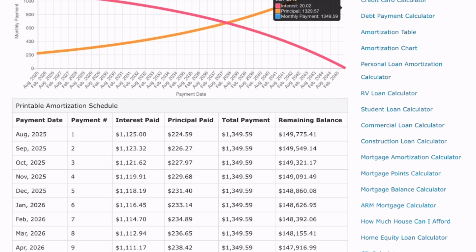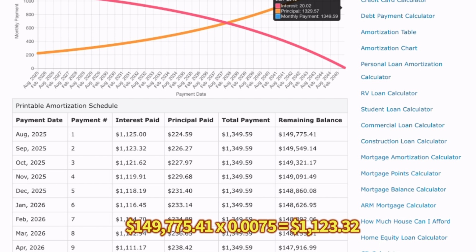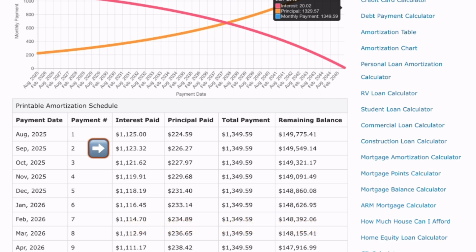And if I multiply $149,775.41 times 0.0075, I get $1,123.32, which again, if you look at the interest paid in that second month, is $1,123.32. Now, you paid a little less interest because your overall balance came down. You're paying a little more principal because your total payment hasn't changed.